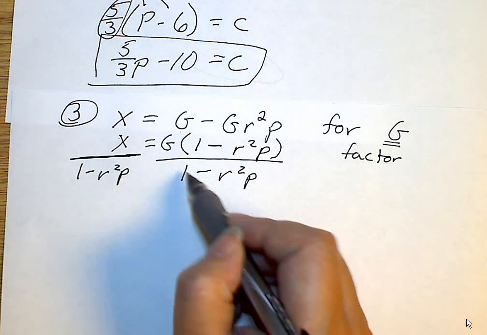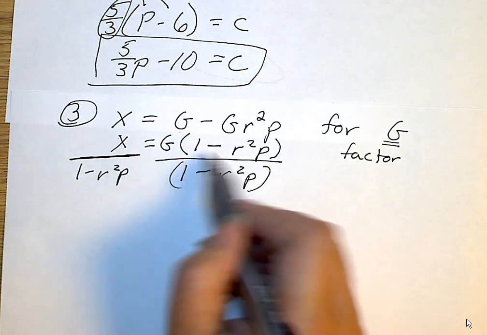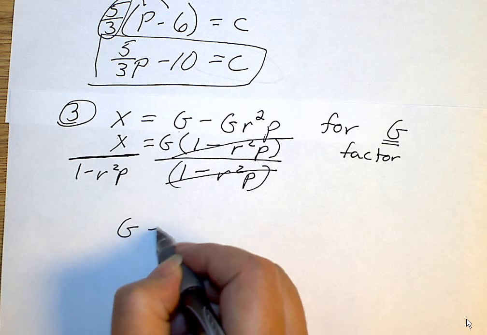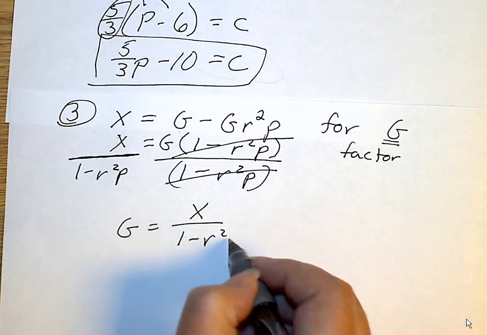Because this is the same thing as up there and this is multiplying, you can cross these out. So our final answer is G is equal to x over 1 minus r squared P.